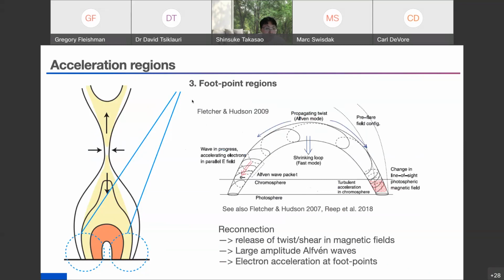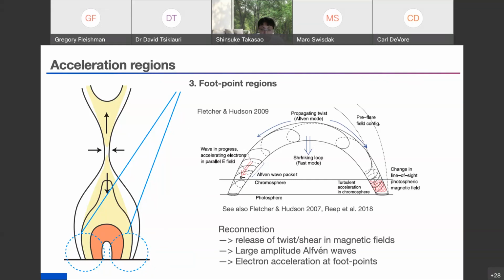And now I move to the footpoint regions. The footpoint region can be an electron acceleration site. This idea is motivated by some observations that the coronal electron number may not be sufficient to explain the hard X-ray emissions from the footpoints.